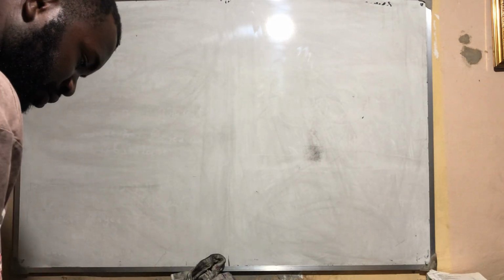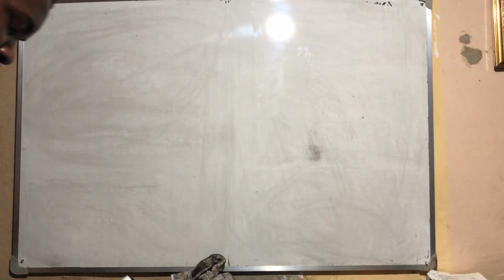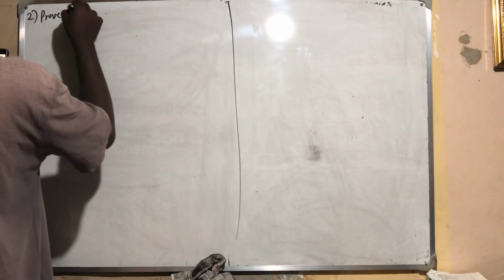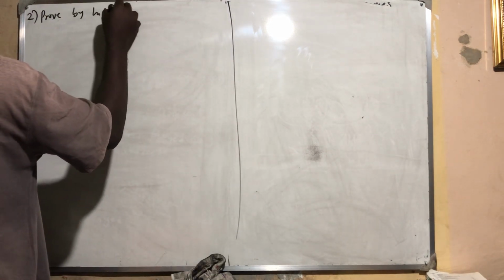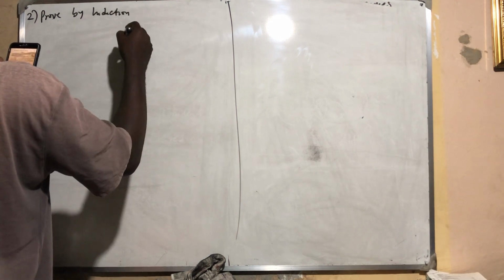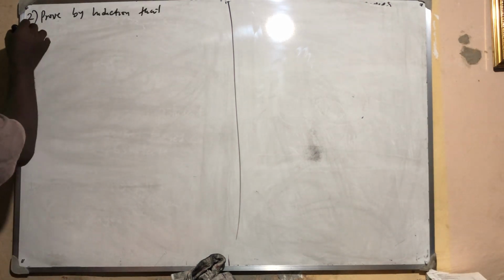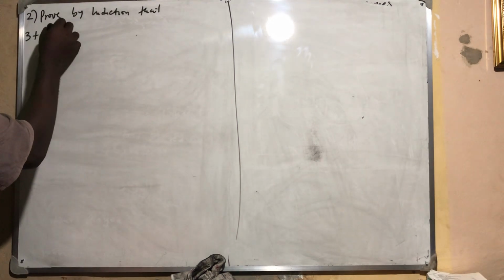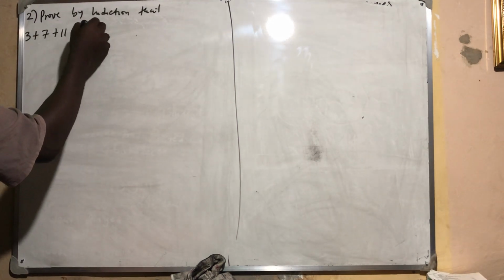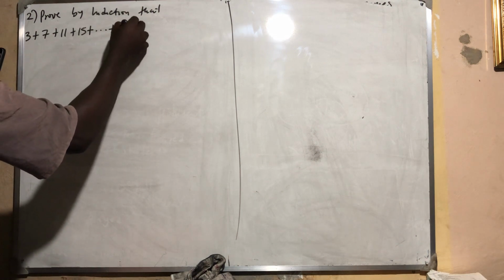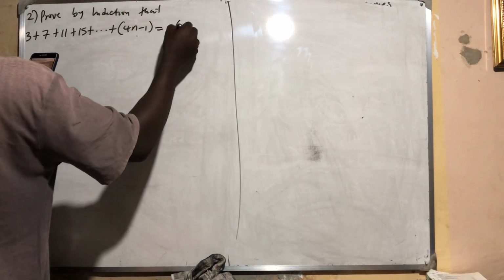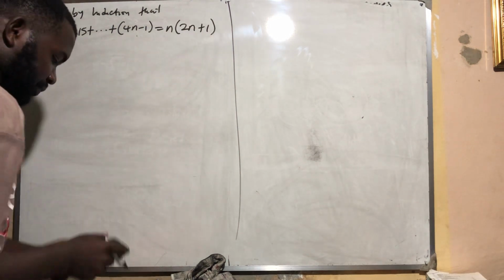So question number 2 said, prove by induction that 3 plus 7 plus 11 plus 15 plus up to 4n minus 1 is equal to n into 2n plus 1. All right. Solution.